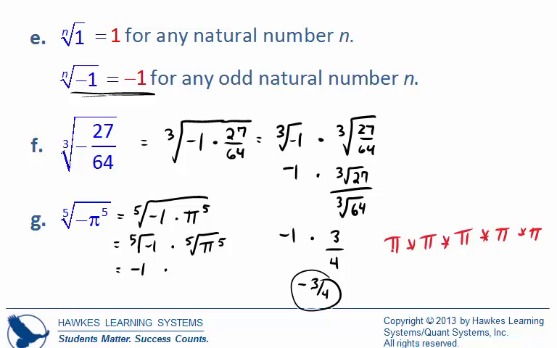That is a number, pi, that when I multiply it by itself 5 times, I get pi to the 5th. So essentially what happens here is your number on the outside and your power, since they are the same, kind of cancel each other out, and you're left with just the pi. And negative 1 times pi is going to equal negative pi.